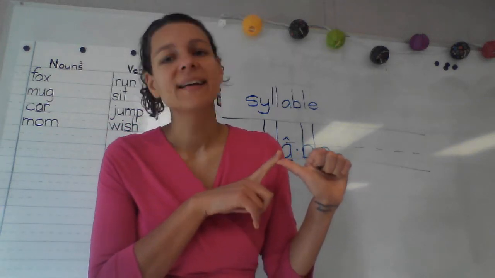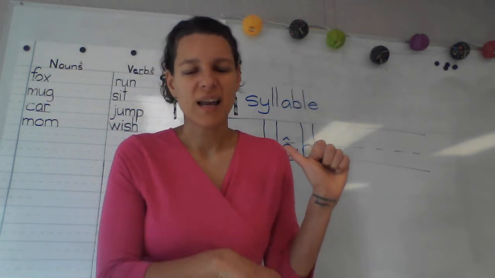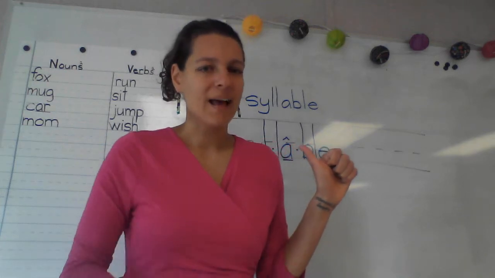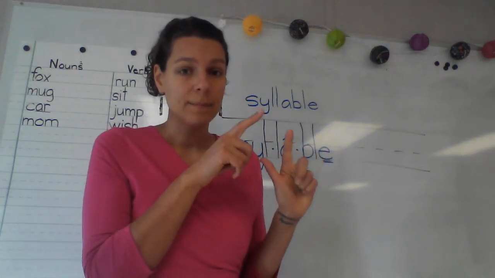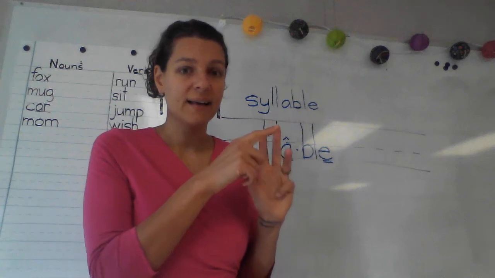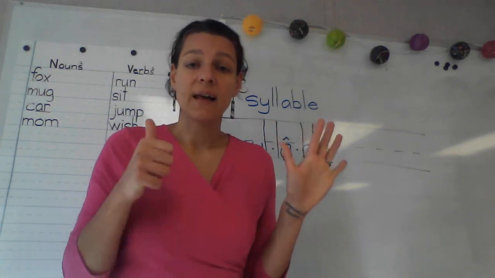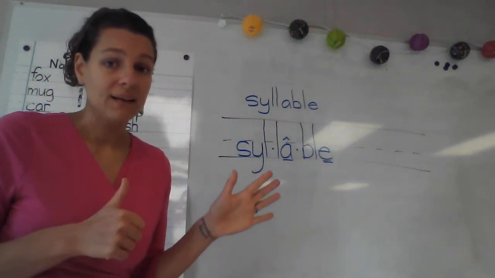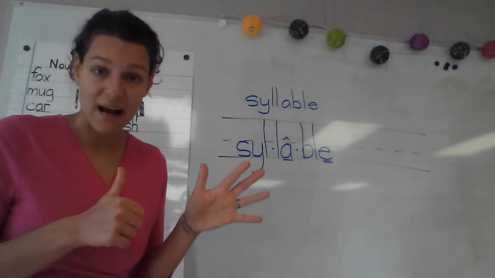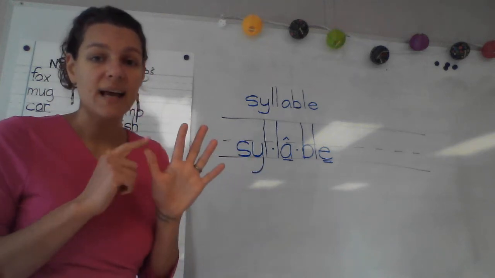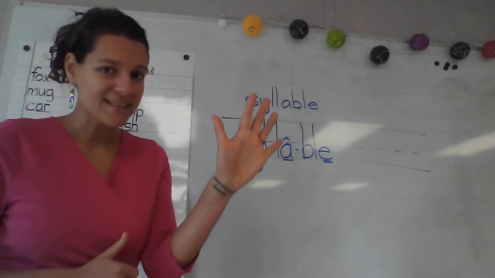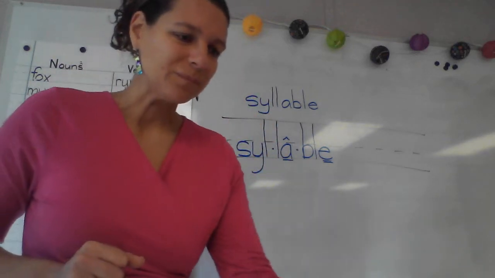All right, A. And when we're just talking about vowels, it's okay to use the letter names. A, E, I, O, U, and then Y, remember, when it's making anything but its first sound. So those are our vowels, A, E, I, O, U, always, sometimes Y.